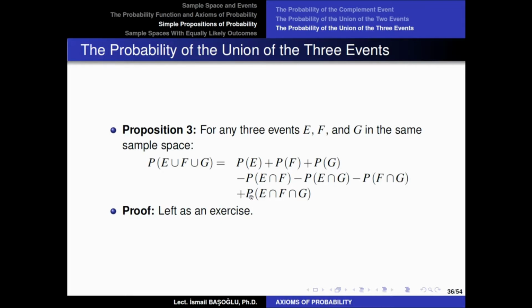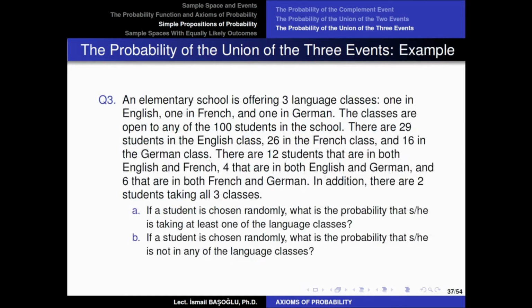Finally, the probability of the three-way intersection must be added again. So we sum up individual probabilities, we subtract two-way intersections for each dual combination, then we add the three-way intersection probability. Now we can practice the third proposition in another question.